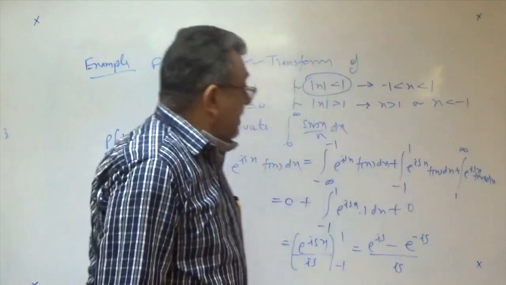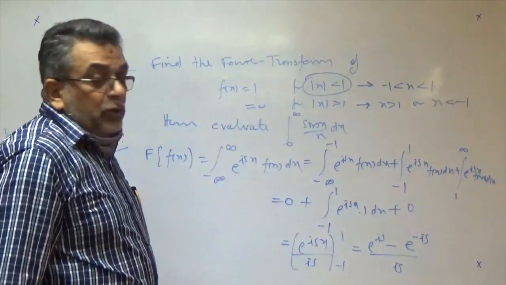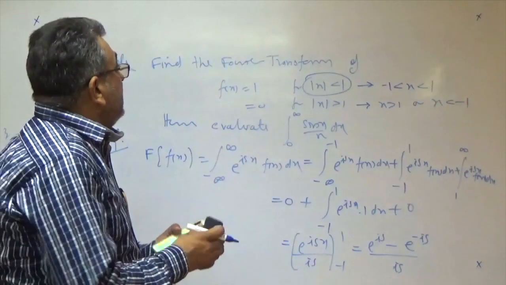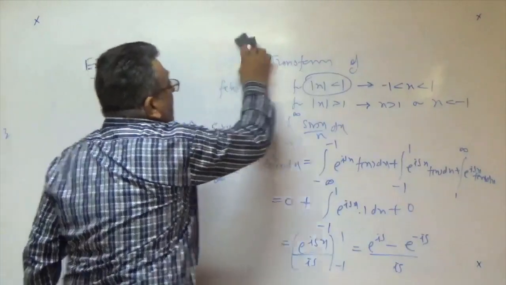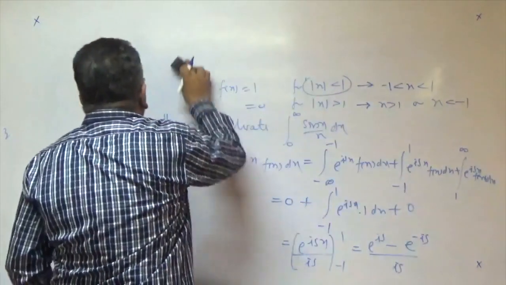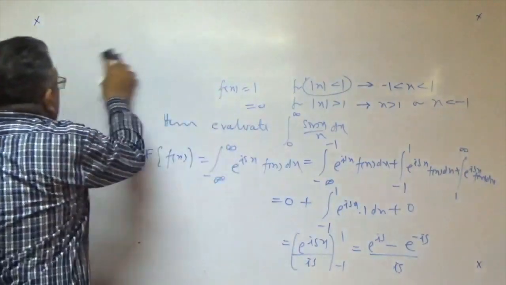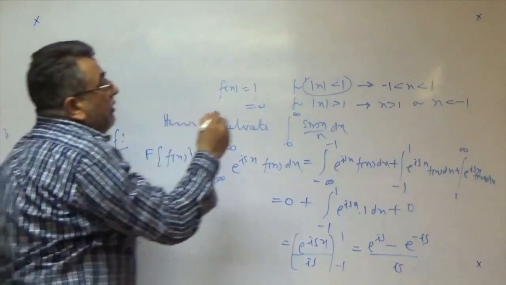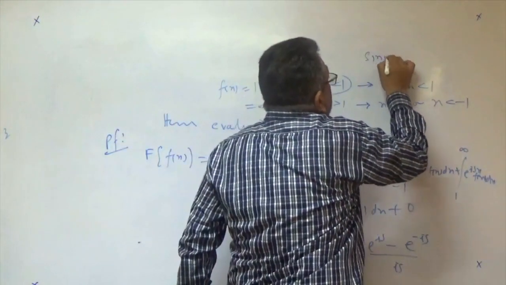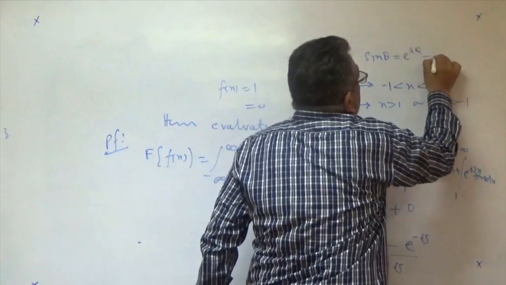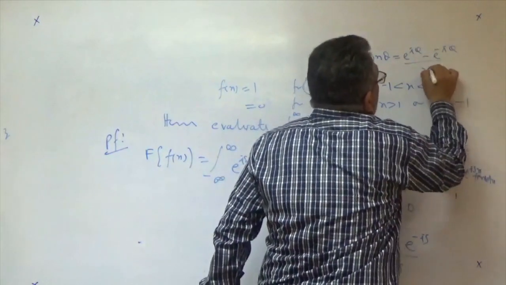This is the value, and you can convert it into sine by using Euler's formula. I have already told you Euler's formula: sin theta equals (e to the power i theta minus e to the power minus i theta) upon 2i.